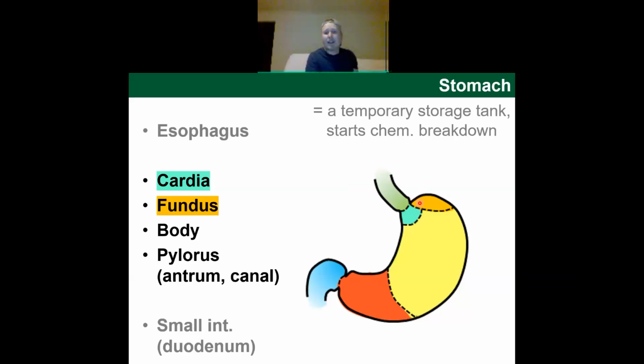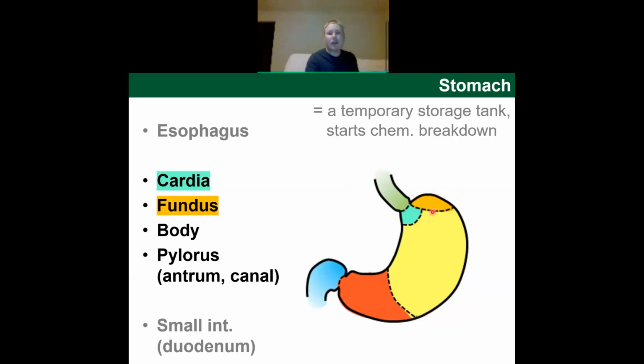The next part is fundus. You'll notice that fundus is higher up than where your esophagus joins the stomach. So this is an important structure to know. This is where gases, air usually ends up building up. So again, when you're taking medical images, you might end up seeing air bubbles. The air bubbles are going to be at the fundus of the stomach.